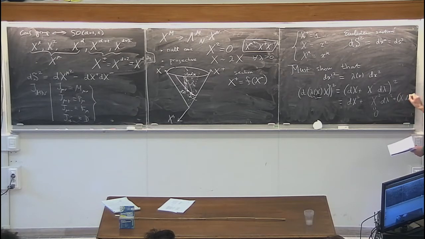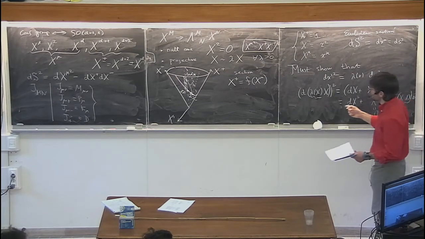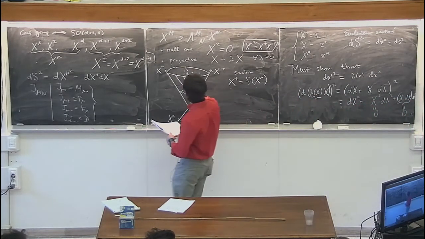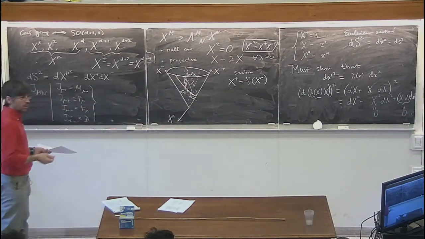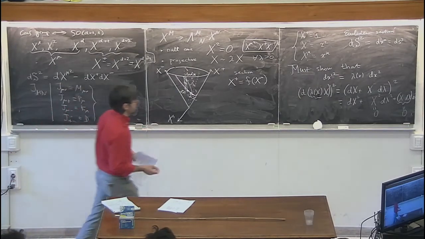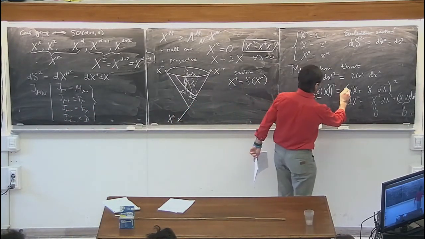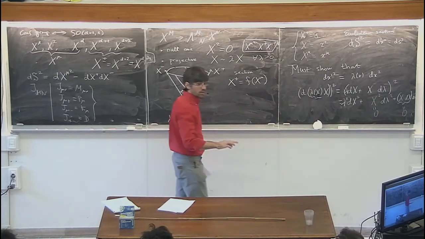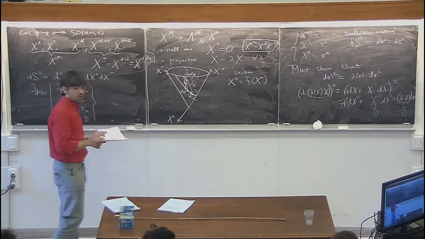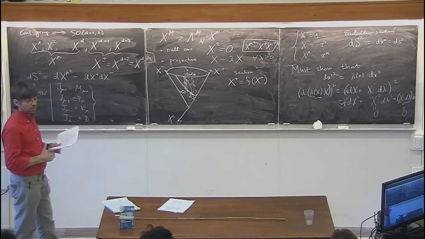But this term is also 0 because since x squared is 0, when we differentiate, x dx is also 0. So both of these terms vanish, and even though I rescale the metric by an x-dependent factor, sorry, here I had lambda dx, so here I have lambda squared, in fact the variation of the factor doesn't matter. My metric is preserved up to a constant factor.